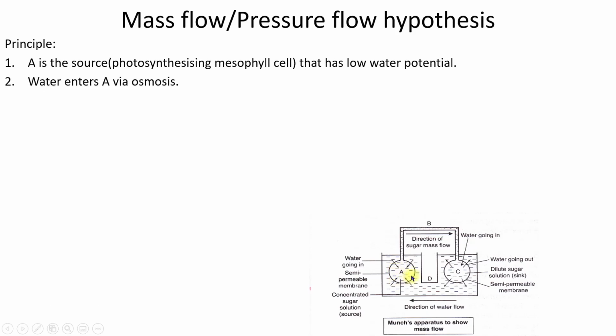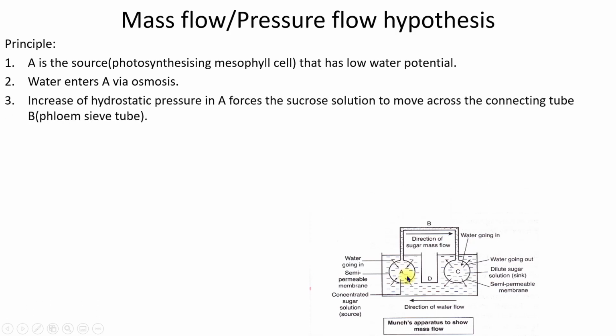The water will diffuse into A by osmosis because of the low water potential in A. The increase of hydrostatic pressure in A will force the sucrose solution in A to move across the connecting tube B, and this connecting tube B is known as the phloem sieve tube.